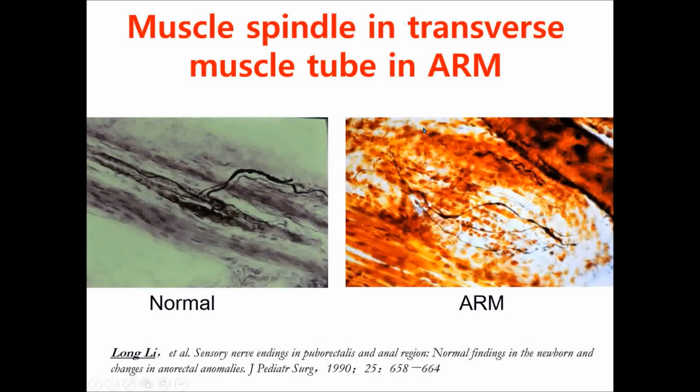However, in ARM, this is the muscle spindle in the puborectalis of the high ARM. You can see it has become swollen, and the diameter is larger than the muscle spindle in the normal.